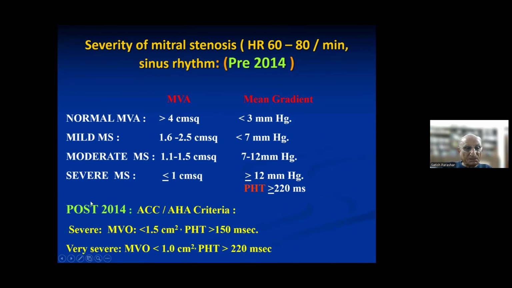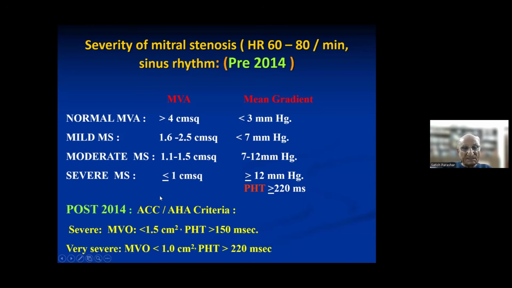But after 2014, again I say you can read the ACC/AHA criteria. They defined mitral stenosis as severe when the area is less than 1.5 centimeters square, especially if the patient has some symptoms. This comes to the pressure half time as well. So the earlier criteria do not hold true, and they have not given any significance to the mean gradient, and very severe is less than 1.